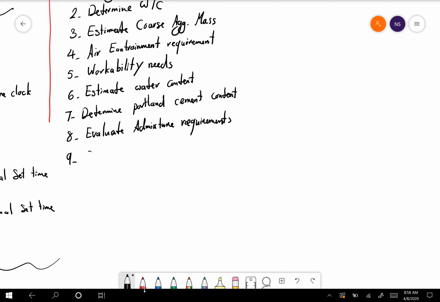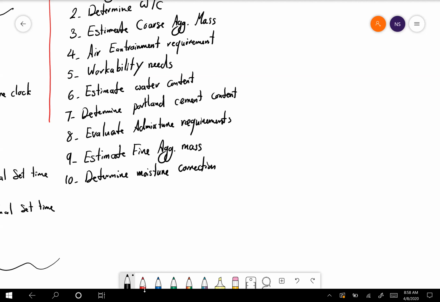Then you need to estimate how much fine aggregate you need, the fine aggregate mass. And then the one before the last step is to determine the moisture correction, if you need to correct your moisture content.